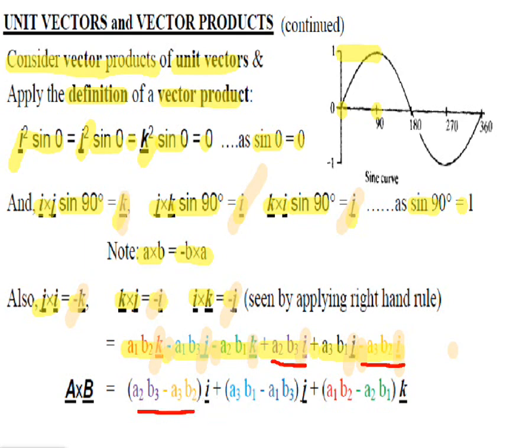If I look at the j terms, I've got a j value there, it's a negative, minus the a1 b3, and I've also got a positive j there, the a3 b1. So I'll just put them into the bracket there, that's my j terms. And finally my k terms, I've got an a1 b2 k there, and I've also got a minus a2 b1 k there. So that's where that bracket comes from.